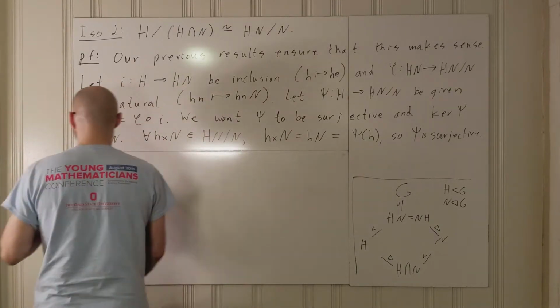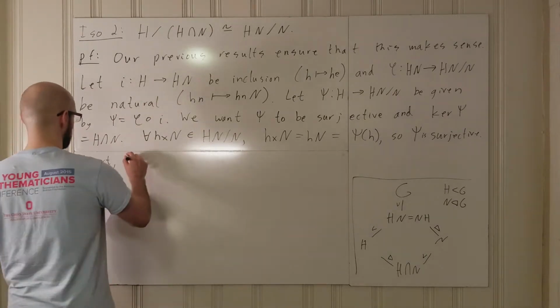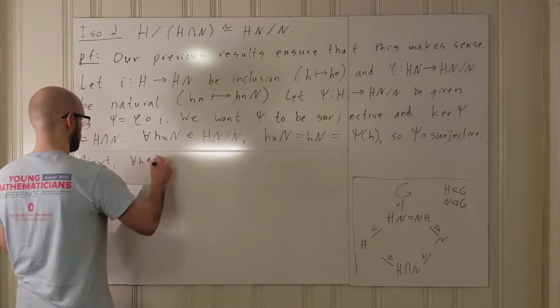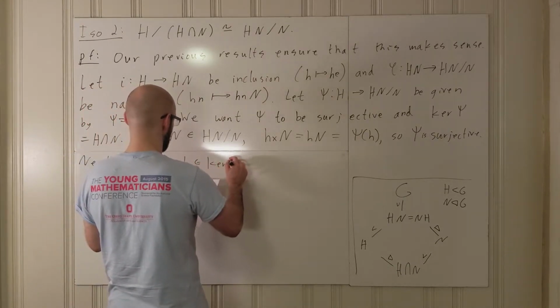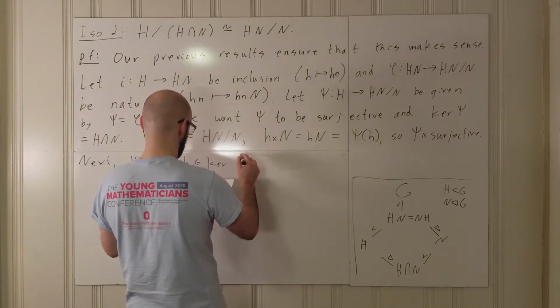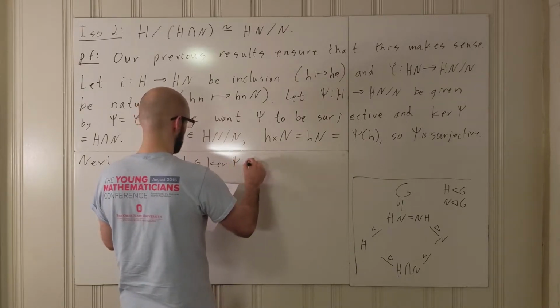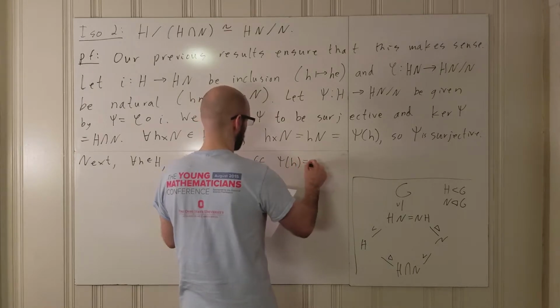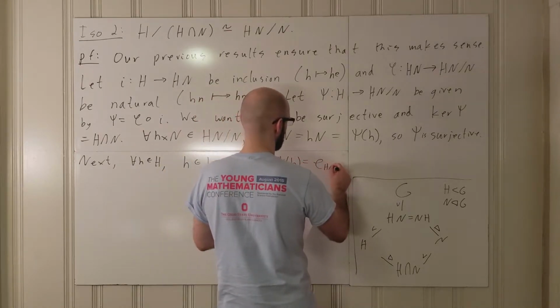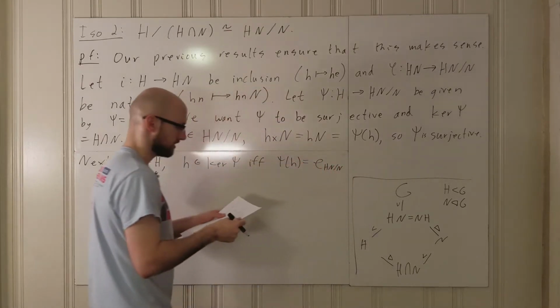Here, let's write this a little nicer. For all h in H, h is in the kernel of psi if and only if psi of h equals the identity e, and this is the identity in HN mod N.